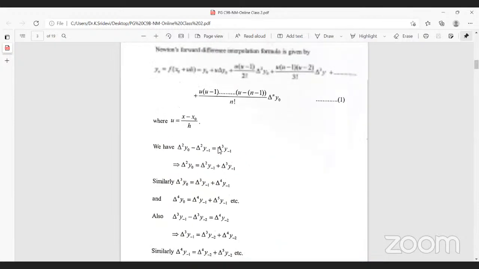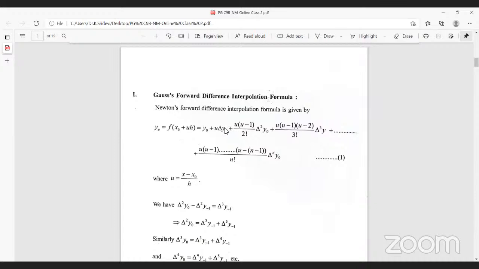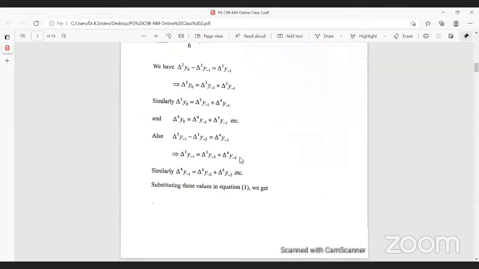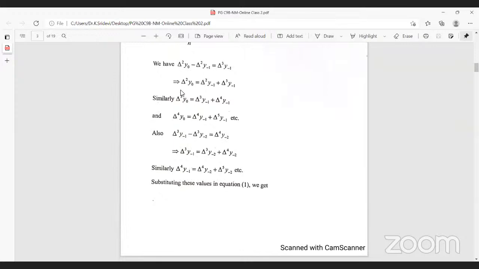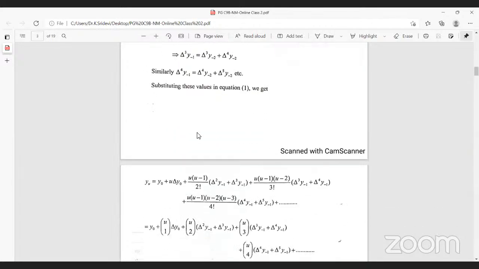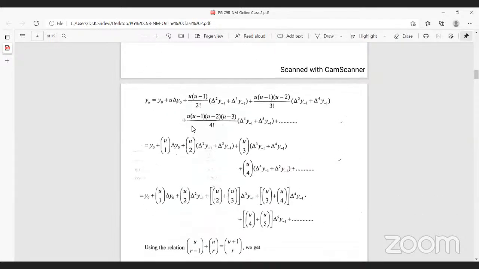Now, what are the expressions in this formula? The forward differences are delta y naught, delta square y naught, delta cube y naught, and delta to the power 4 y naught, and so on. Substituting all these values in our formula, we get y naught plus u delta y naught.